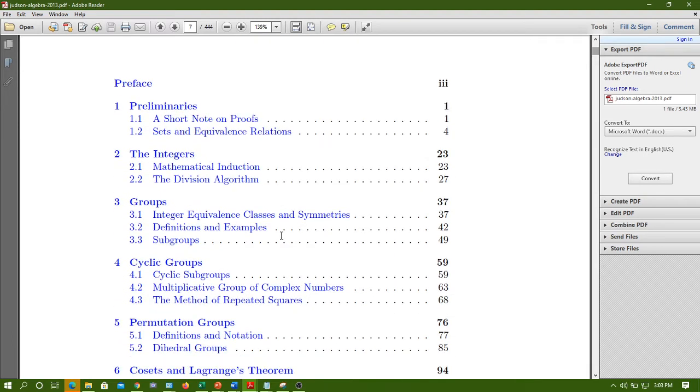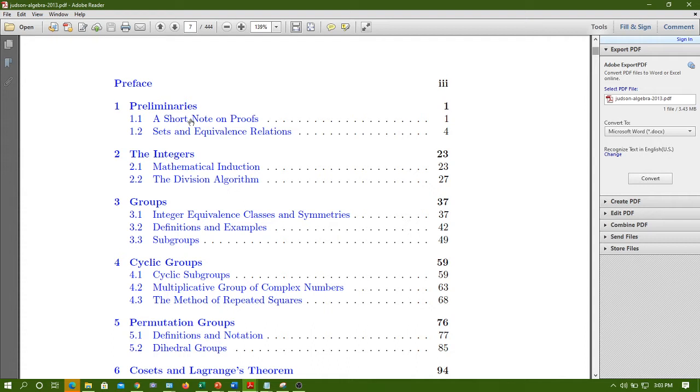Okay, so the contents, preliminaries, the integers. So I'm following this book this time. Last year I used Galian's book. However, our discussion in abstract algebra will only fall on the preliminaries portion.